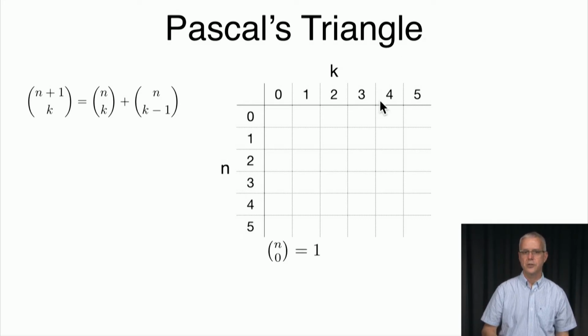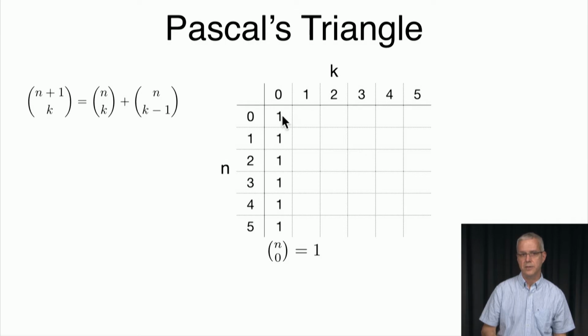And we know that n choose 0 is 1, and that means that this first column is all ones. For example, 5 choose 0 is 1, 4 choose 0 is 1. And the diagonal here will correspond to n choose n.